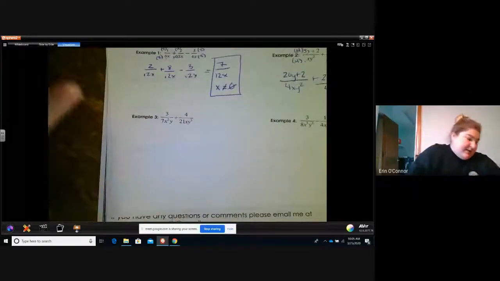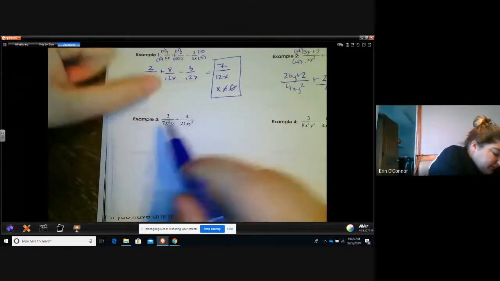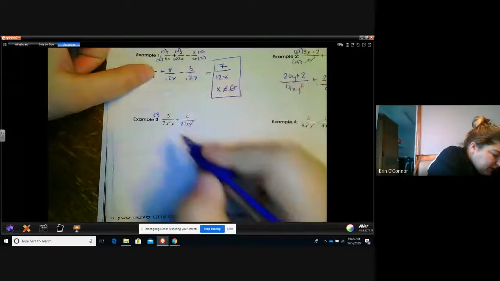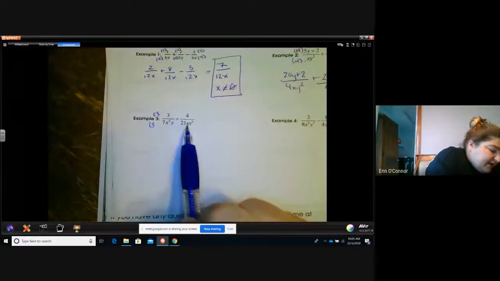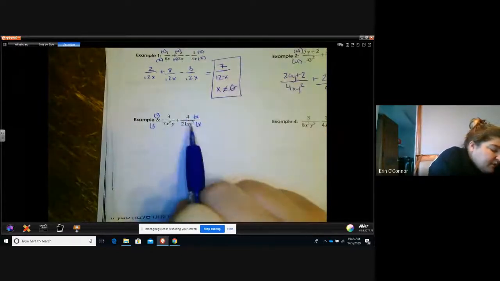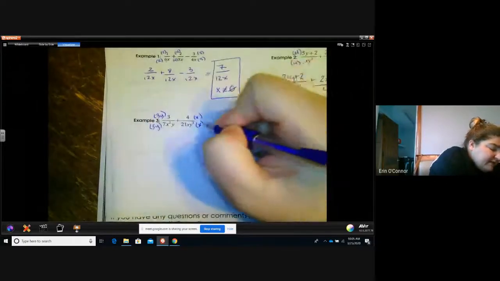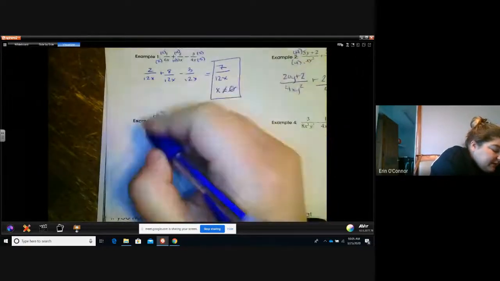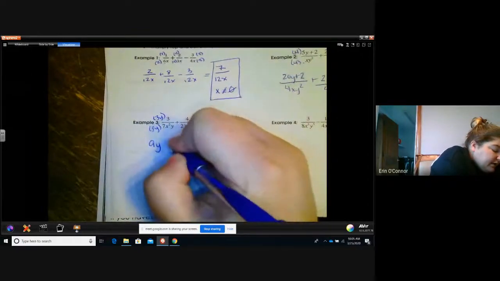For the next one, I have a 7 here, a 21 here. So to get this, I have to multiply by 3. I'm leaving it open because I might have to multiply by something else. I have x squared here. I only have an x here. So I got to multiply by x here. I have a y here, y squared here. So I need another y over here. And that finishes it off. 3y times 3 is 9y. X times 4 is 4x.